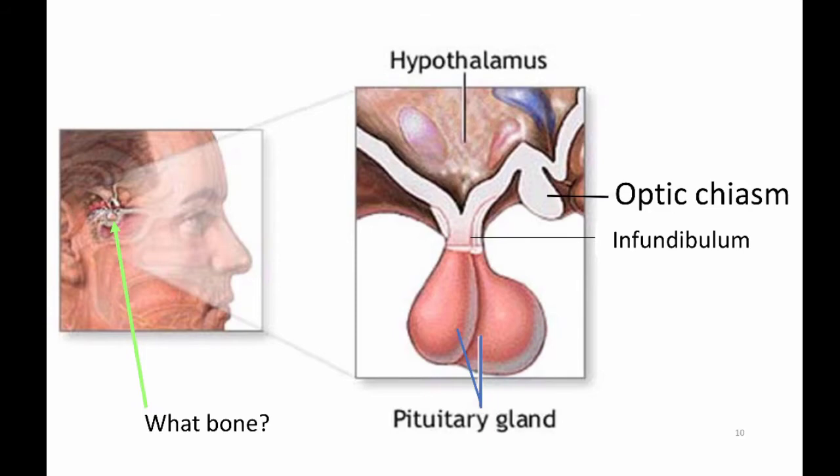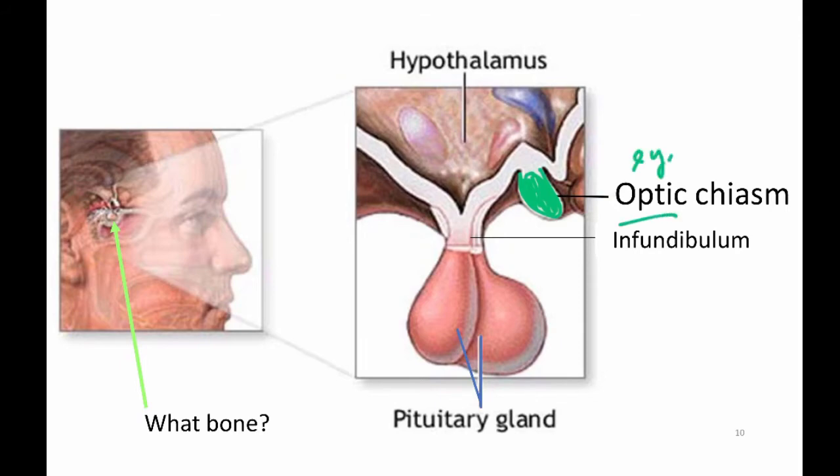One thing I want to point out to you before we get into any more detail about hormones is that there is a difference between the anterior and posterior pituitary in terms of how they function and what hormones they create. So it's important to be able to tell which is which. The easiest way to do that is to look for the presence of the optic chiasm, because optic refers to eyes.